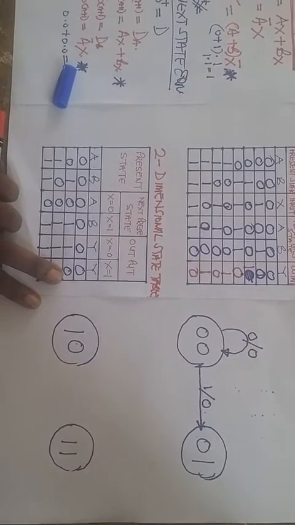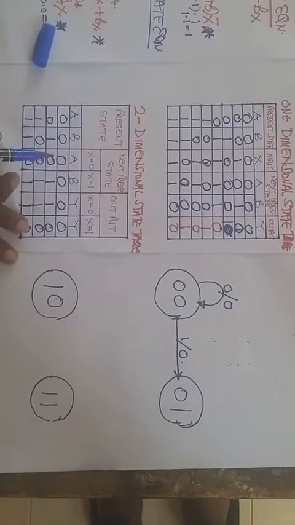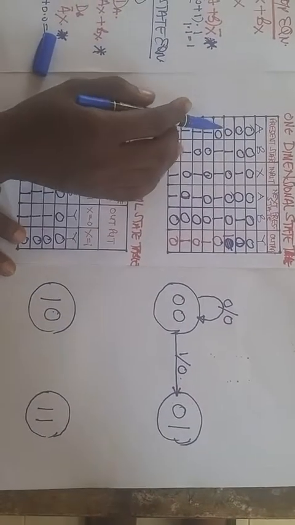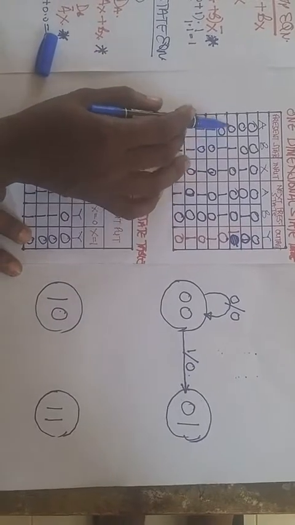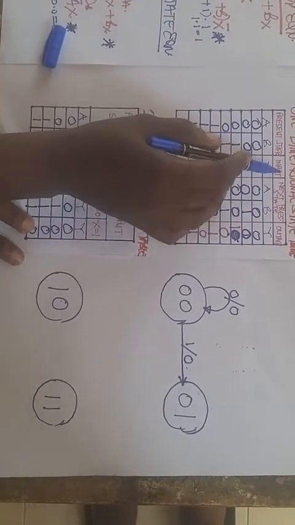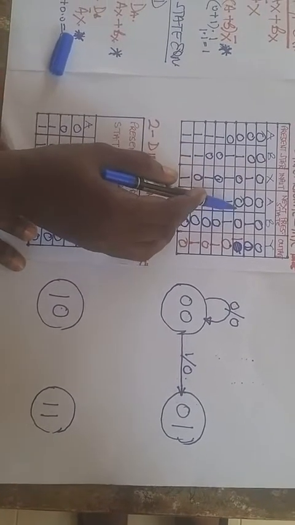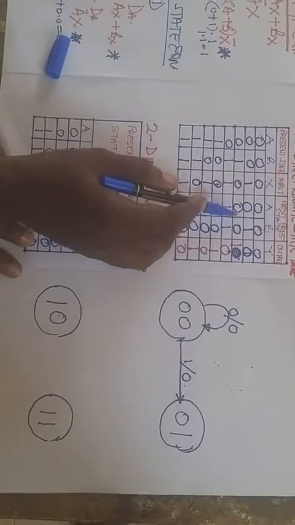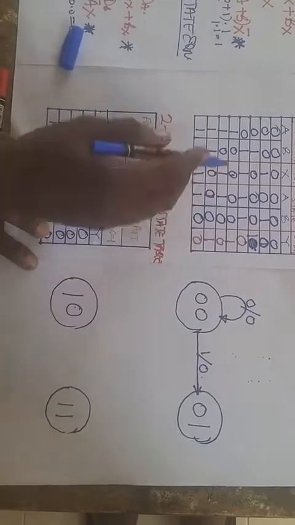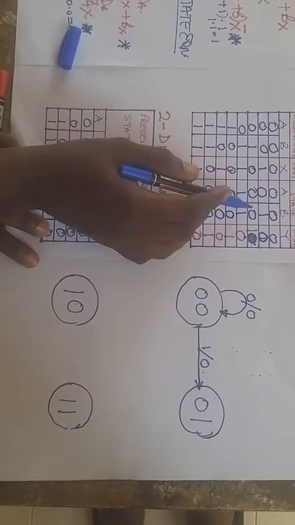When you come here, you see the same thing we are doing here. Now at 01, when the present state was 01 and we put x equal to 0, we came back to 00. So from 01, the next state is 00.